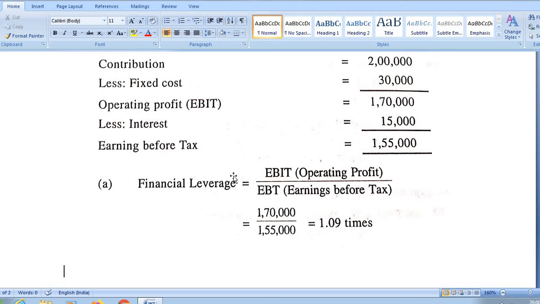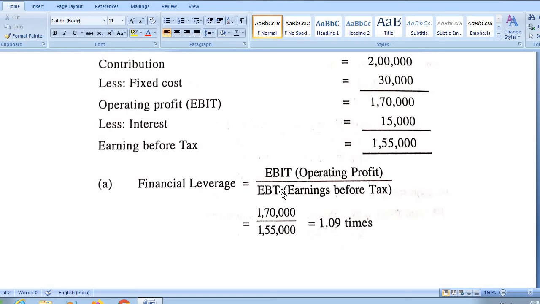Financial leverage shows the relationship between earning before tax and earning before interest and tax. That means interest plays a very vital role. So interest is a key factor in the case of financial leverage. So financial leverage is equal to EBIT divided by EBT.